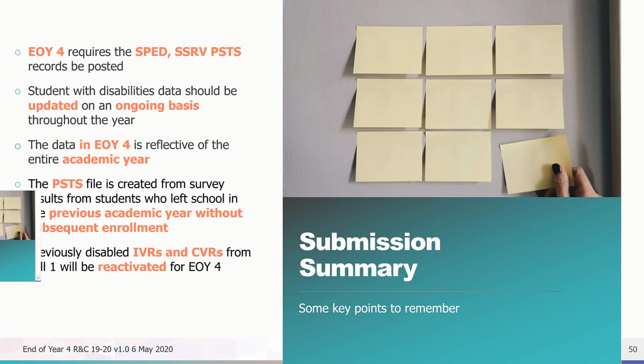The data in end of year 4 is reflective of the entire academic year, which is a difference from fall 1. The PSTS files are created from survey results from students who left school the previous academic year without a subsequent enrollment, and previously disabled IVRs and CVRs from fall 1 will be reactivated for end of year 4. So we know that.